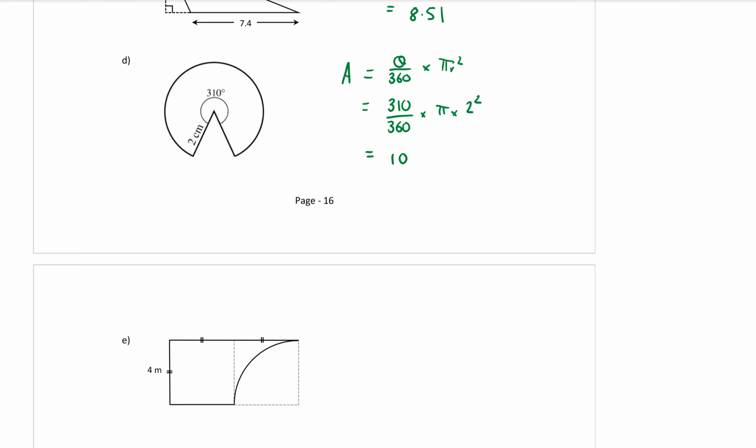Plug it in. Now I have rounded that to 2 decimal places because I had to round it somewhere. It didn't specify, I've just done 2dp. Anything involving pi is always going to need to be rounded.